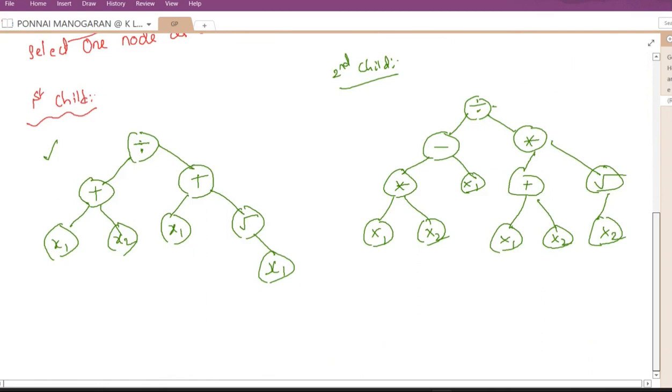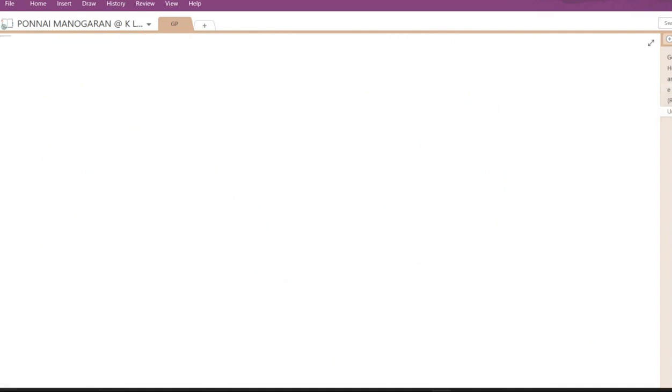So it's very simple. So now let us see how mutation is performed. I will go to the next slide. How mutation is performed. For mutation you need one parent.